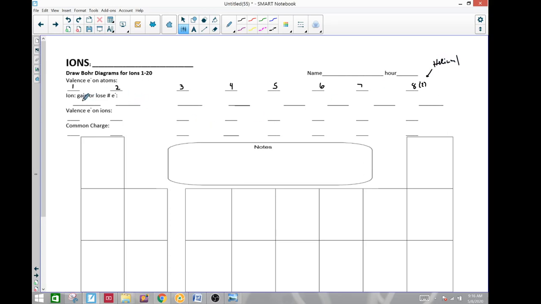Either way, this is going to lose 1, lose 2, lose 3. This one could gain or lose 4, gain 3, gain 2, gain 1, and then nothing. All attempt to get to our octet or duet rule. Okay, octet rule.